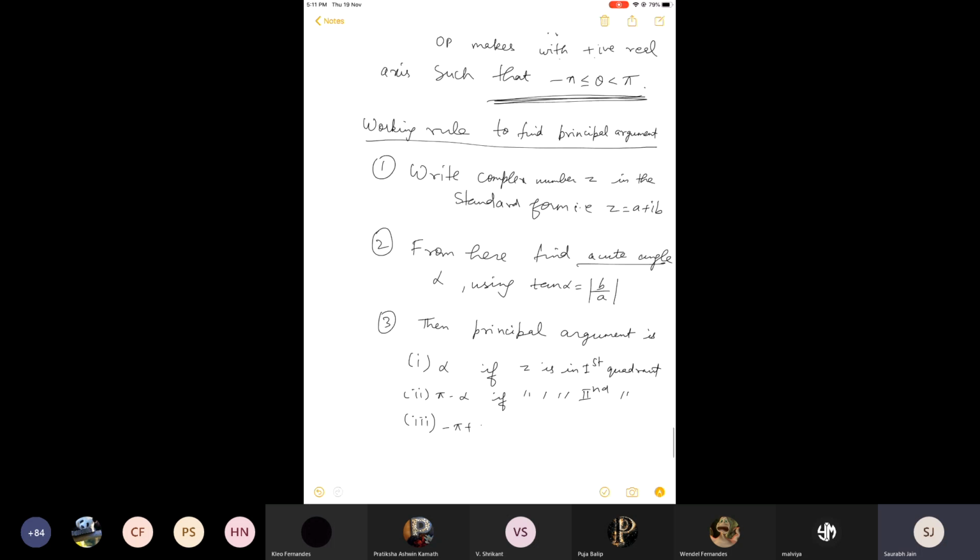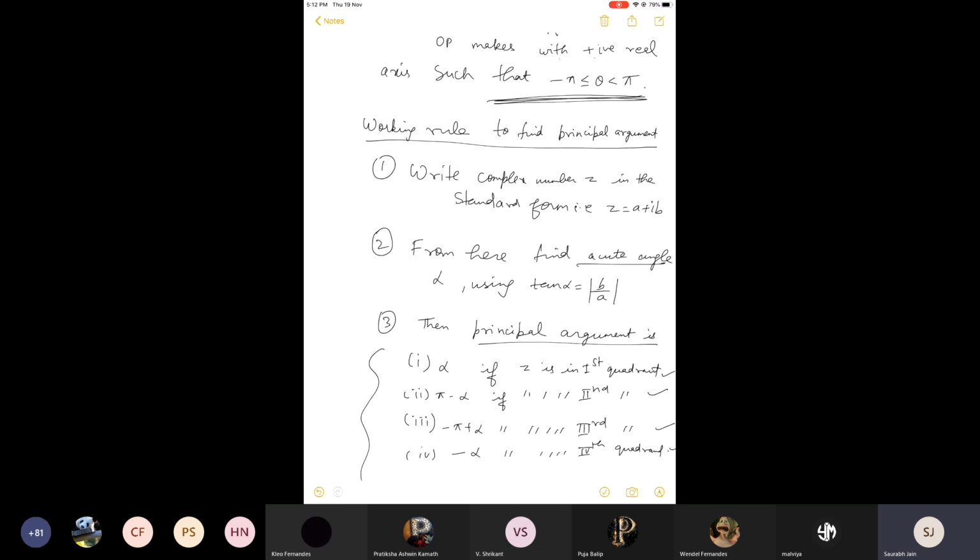Minus pi plus alpha if z is in the third quadrant. And fourth, minus alpha if z is in the fourth quadrant. So only three steps. First, you need to write the complex number in the standard form. Then you will use the formula that tan alpha is mod b by a. From here you will find the acute angle alpha. Then you will use this table, and on the basis of this table you will be able to write the principal argument depending on the position of the complex number.